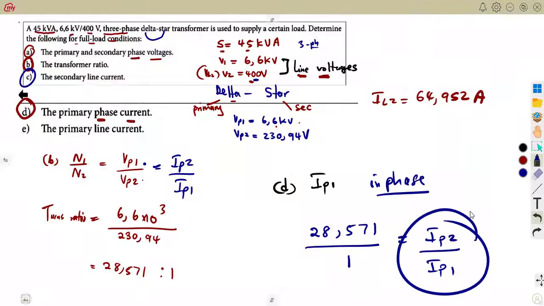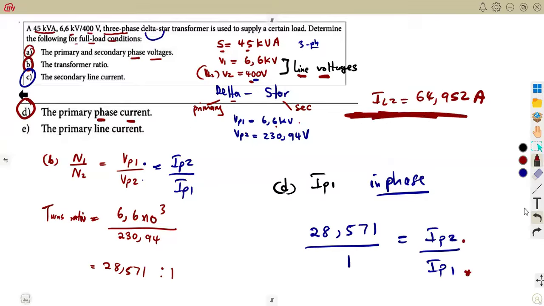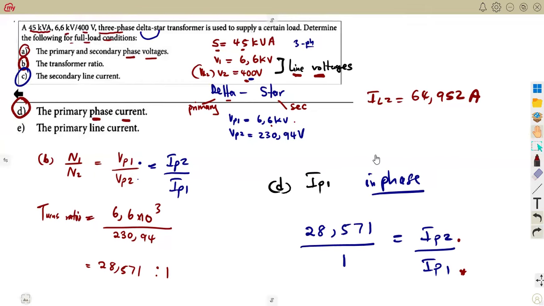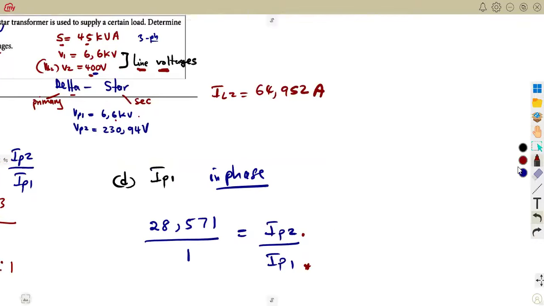These are supposed to be phase values. And we need to calculate this, but we do not have this, because from the secondary side, we did not calculate the phase. No, we calculated the line. So the question was to bring us from the line to the phase that corresponds to that.